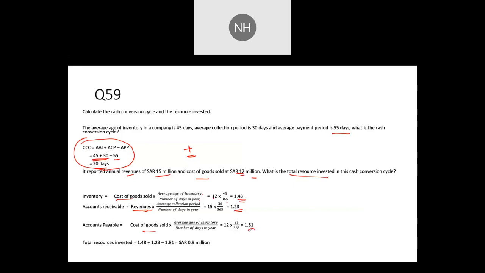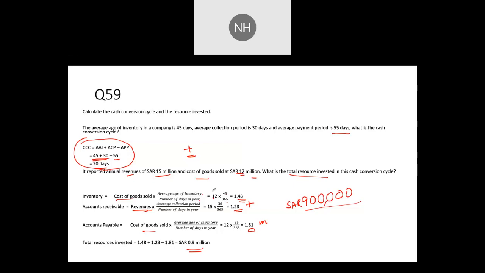This is 1.81 million. Now total resource invested in this cycle, we add 1.48 and 1.23 and minus 1.81. So what is the total? 0.9 million. That means 900,000 Saudi Riyals. The company's money is invested in this cash conversion cycle.